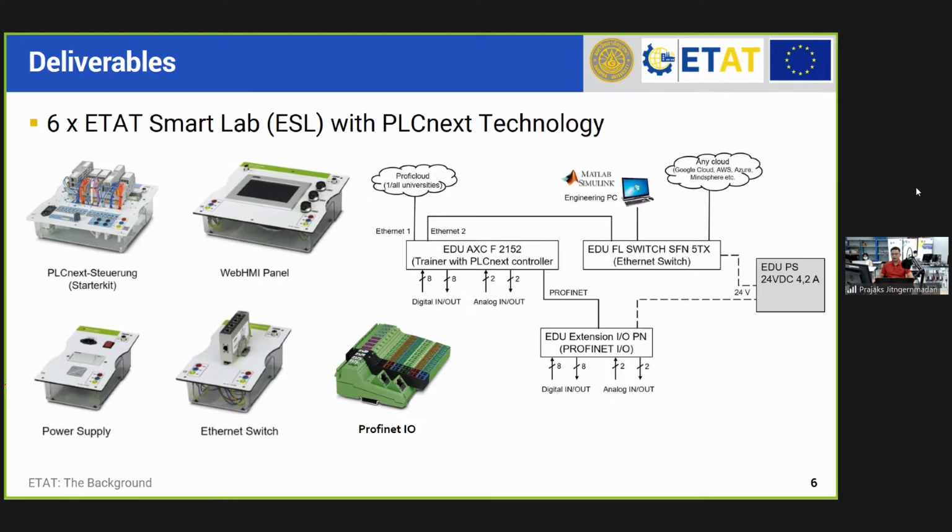We have the PLCnext controller. We have the web HMI panel. We have the power supply, Ethernet switch, or the PROFINET IO that we can connect together and build up some kind of meaningful process control.